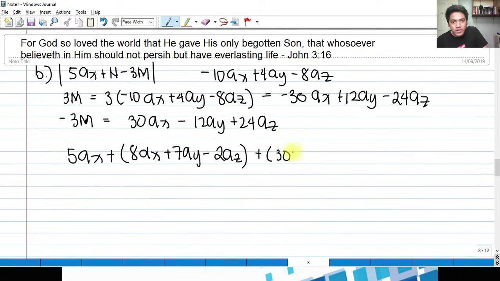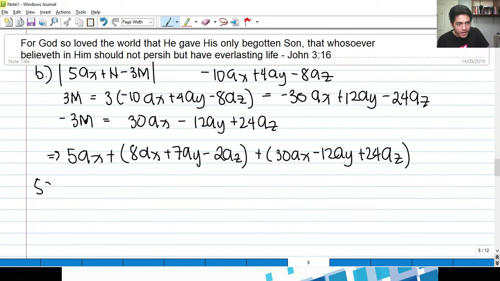So, we have 30ax minus 12ay plus 24az. And this is the vector addition of these three, not the magnitude. So, 5ax plus 8ax is 13ax, plus 30, that is 43 a sub x. For ay, we have 7.